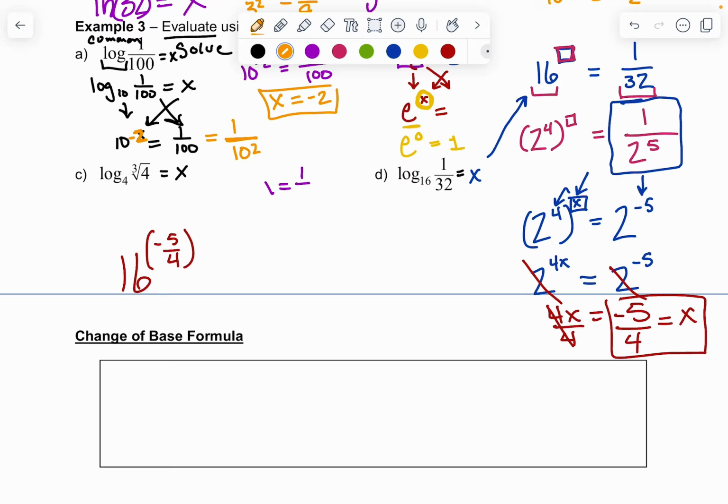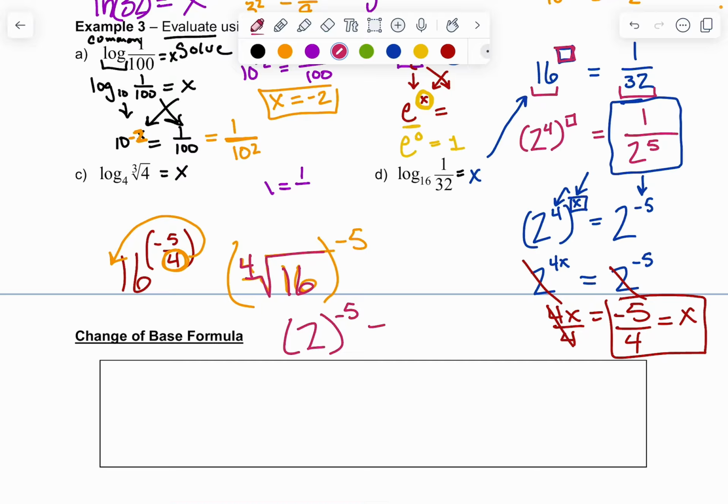Well, we just said, based off that rule we saw, that I could take this and move it out. And I could find the 4th root of 16 to the negative 5th power. Stay with me. The 4th root of 16 is 2.